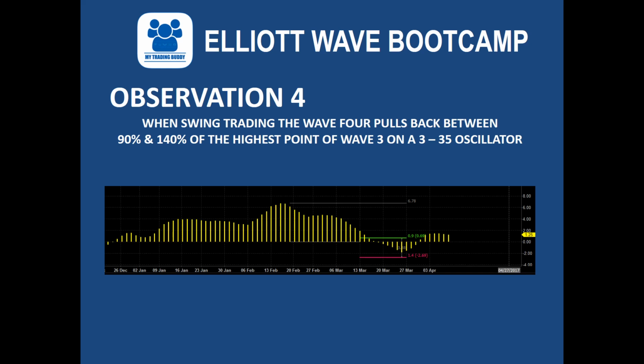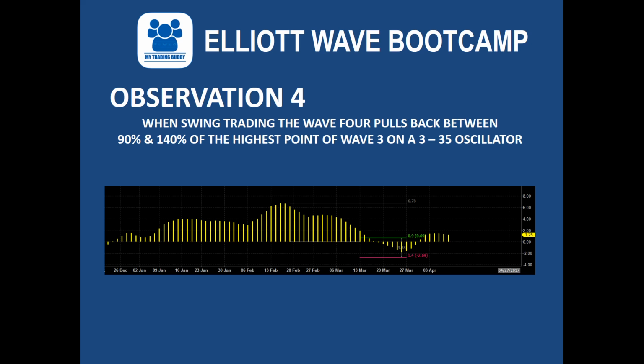So we'll go through those zones again, but really if the wave 4 is too shallow, you're not going to get enough risk to reward, and we talk about risk to reward in the next session. You need enough risk to reward in your strategy so that there's enough fresh air for that wave 5 target to give you a decent risk to reward.